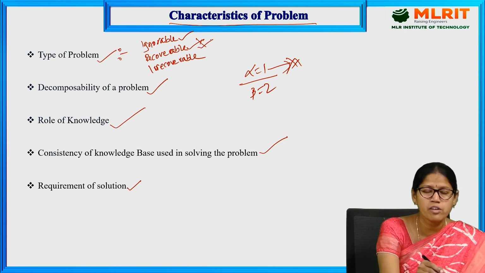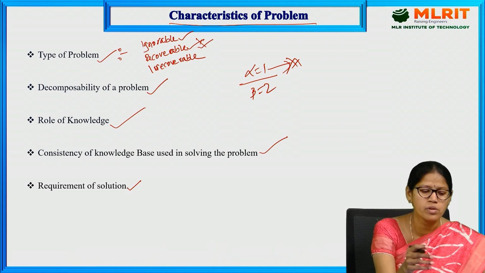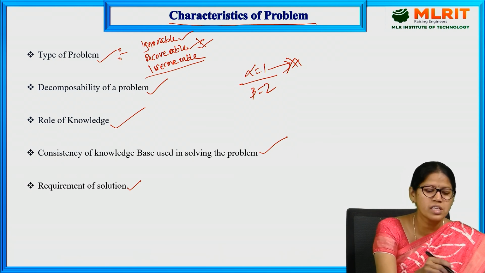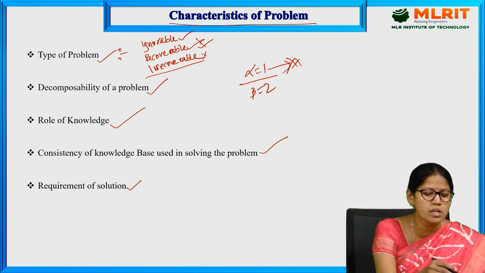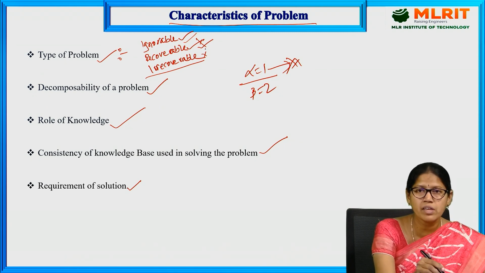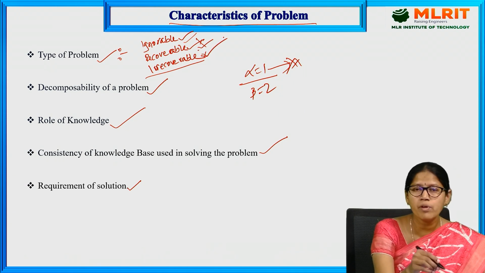That is called recoverable. The next one is irrecoverable. Once you move, for example in chess, you can't undo that move. That is the irrecoverable type of problem. In ignorable, we ignore that type of problem. In recoverable, we undo the possibilities. In irrecoverable, once you make a move we can't undo it.